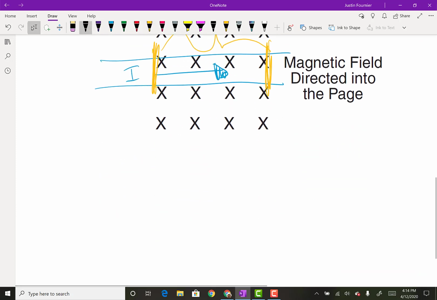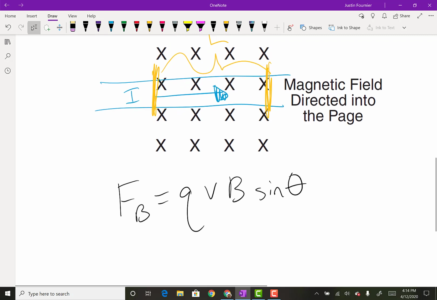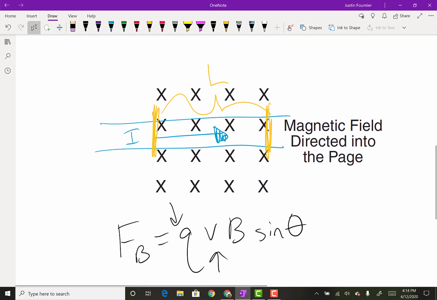Okay, well, to calculate this magnetic force, it's the charge multiplied by the velocity, we'll say the speed, times the magnetic field, times sine of theta. But wait a minute, I don't know the velocity, and I don't know the amount of charge, because as a current, I've got multiple charges moving through the wire here. So what do I do?